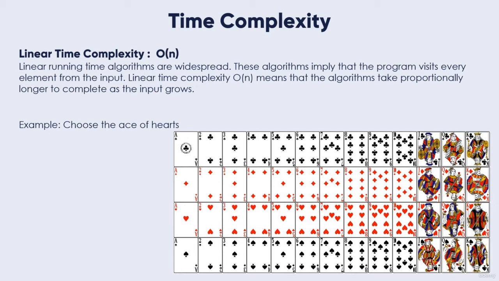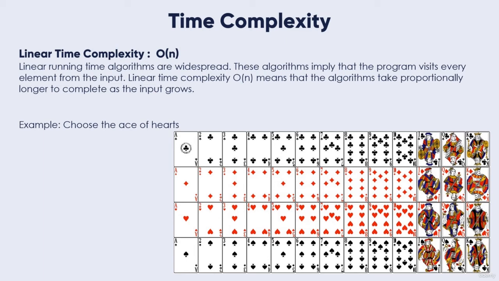This depends on the number of the cards. Imagine that we have 100 cards. So maybe we can find the Ace of Hearts at the first picked card or the card number 100, which is the last card. So this depends directly on the input.